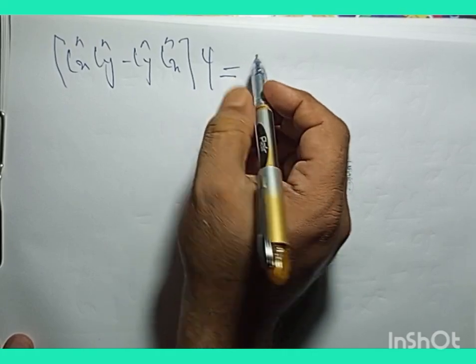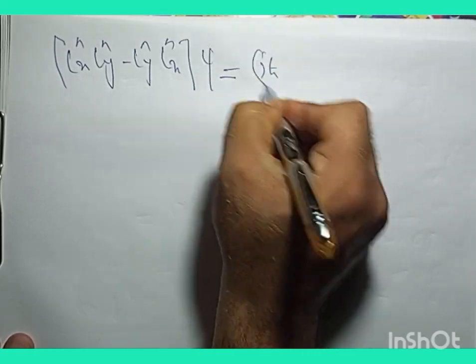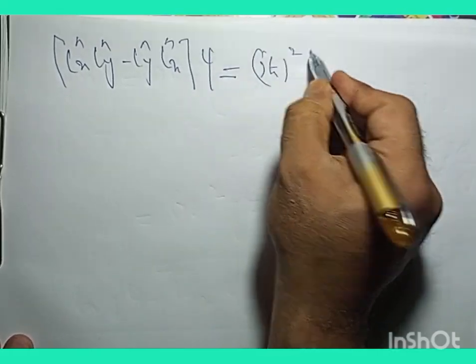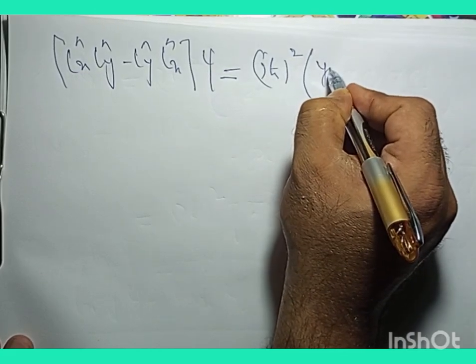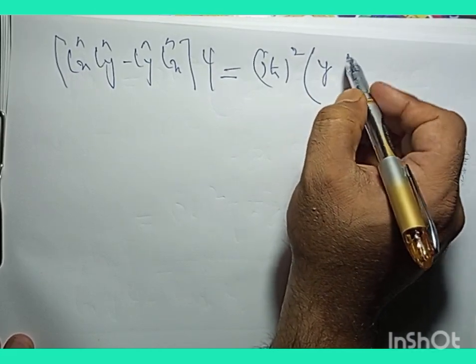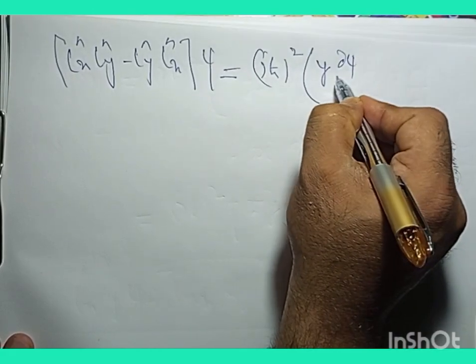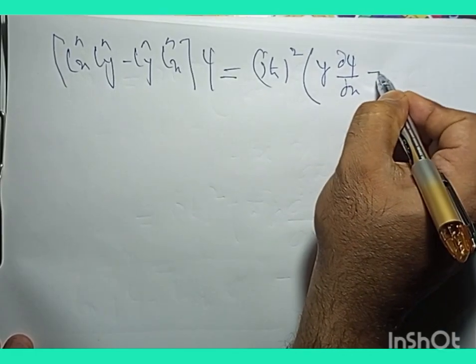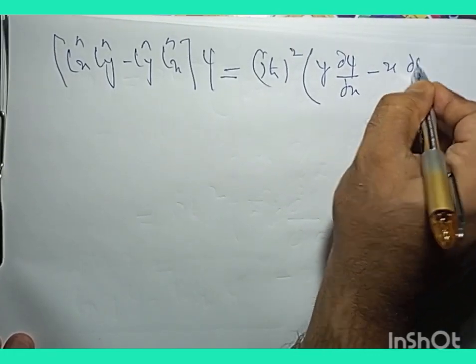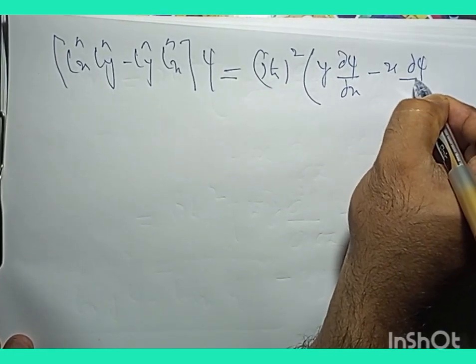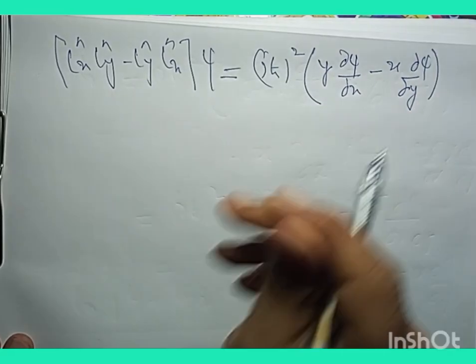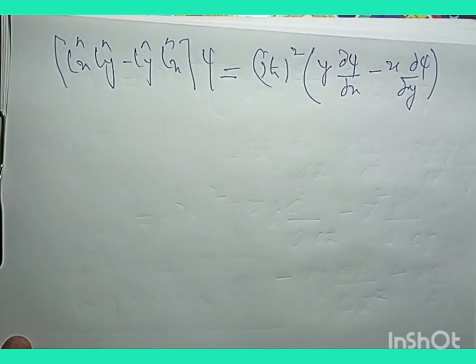This is going to be (iħ) whole squared, and inside you will have y ∂ψ/∂x minus x ∂ψ/∂y. These are the two terms that you will be left with by making the subtraction between the two equations.